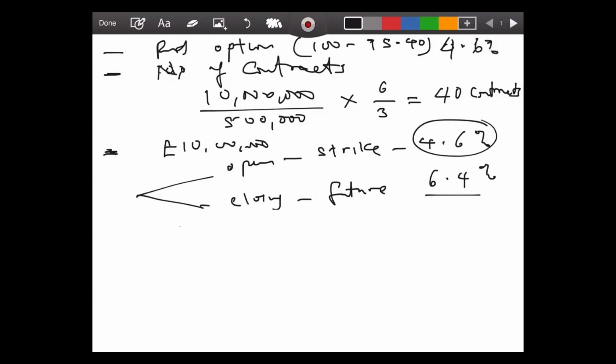So the paying rate is less. The company will receive at 6.4, which is higher. Therefore, the company will make a gain of 1.8%.